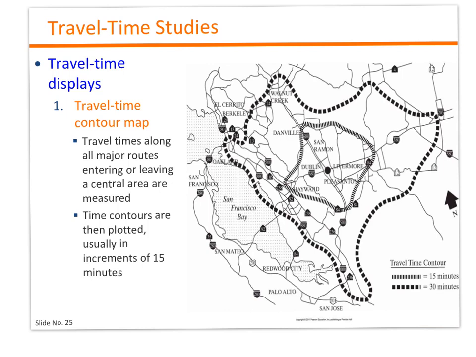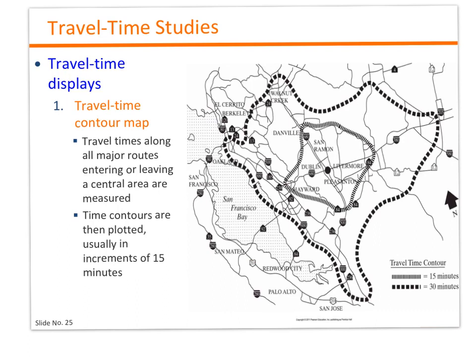Another way to show travel time study outcomes is by showing a travel time contour map. This is an example of that map. For a travel time contour map, the travel times along all major routes entering or leaving a central area are measured.